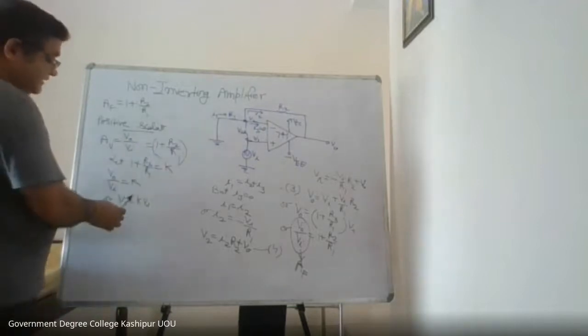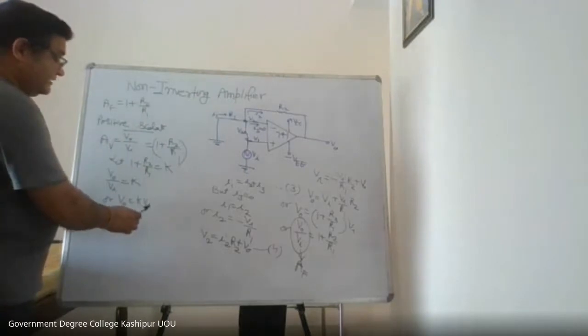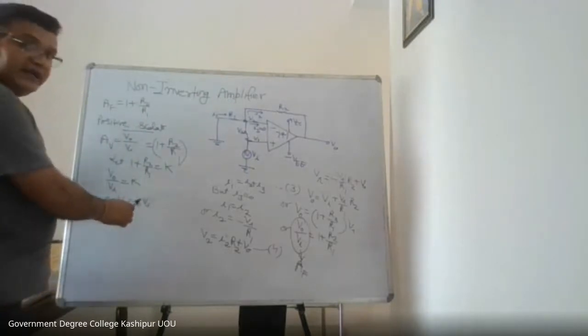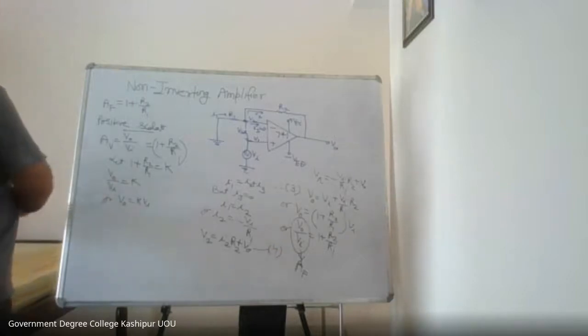So it is obvious that the sign is plus, and the input scalar voltage is multiplied by a constant K to give the value of the output voltage.